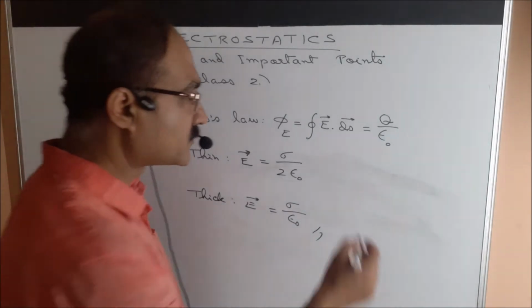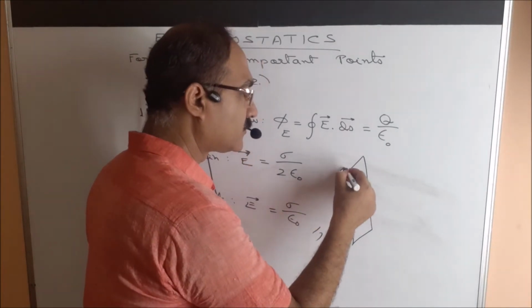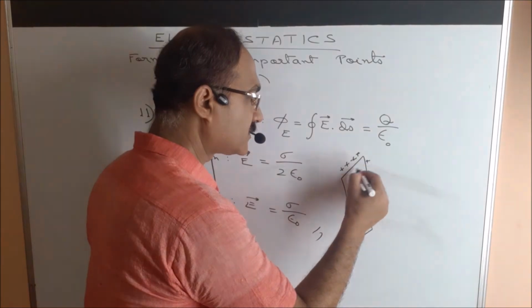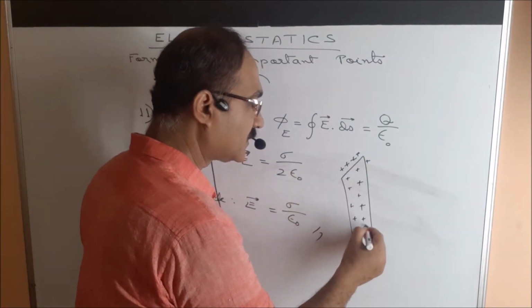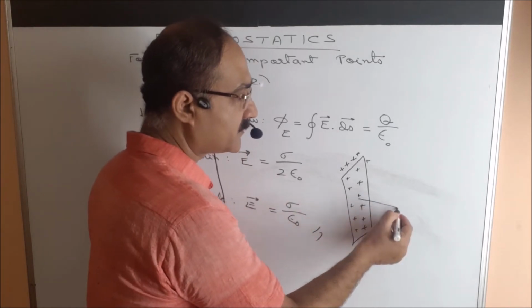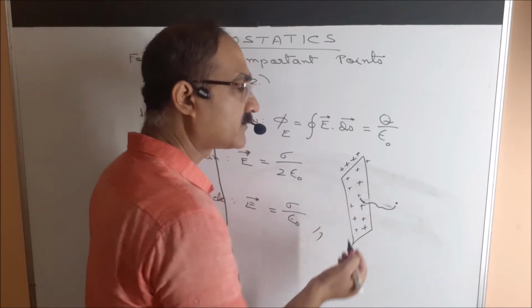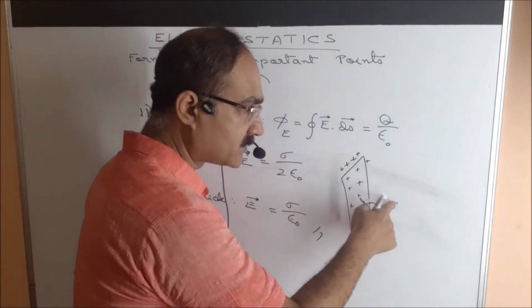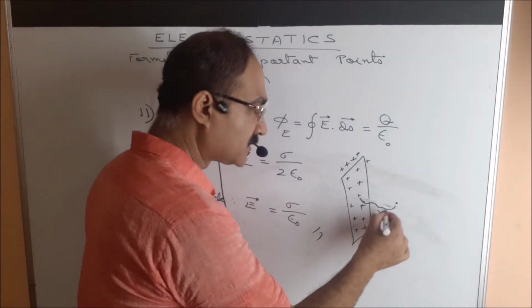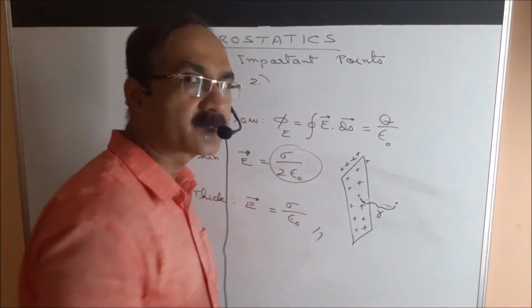Okay, so if we have a thin sheet which is charged, so there is charge on it, then at a distance r from here, at this point, this is perpendicular distance r, the electric field here is given by sigma by twice epsilon naught.